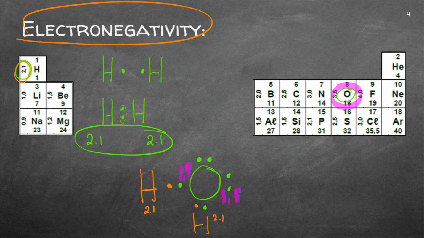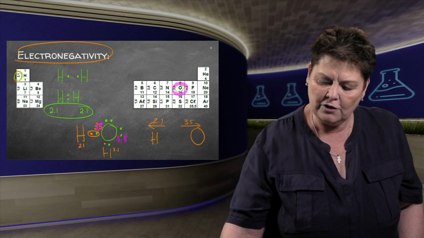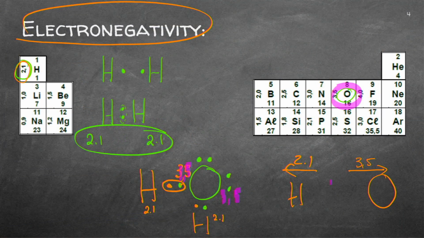Now, what does that mean? That means that these two will be pulled towards the oxygen. And it's like newtons, it's like forces. So I've got oxygen pulling with 3.5, and I've got hydrogen pulling with 2.1. Who do you think is going to win? Well, you can do the math. It will not be in the middle. It will be more to the oxygen side.